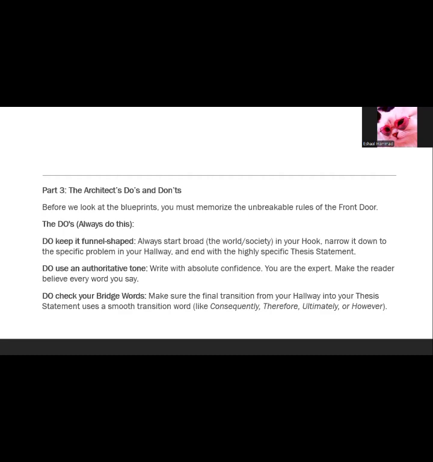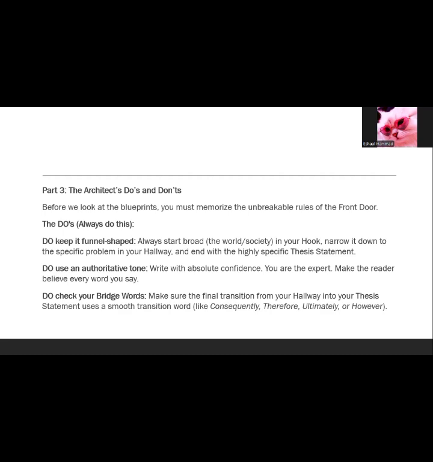Second thing, use an authoritative tone. Write with absolute confidence. You are the expert. Make the reader believe every word you say. You should use firm words. You shouldn't say maybe. You shouldn't say it could be. Words like that can create ambiguity in any kind of material, so you are not to use those words.